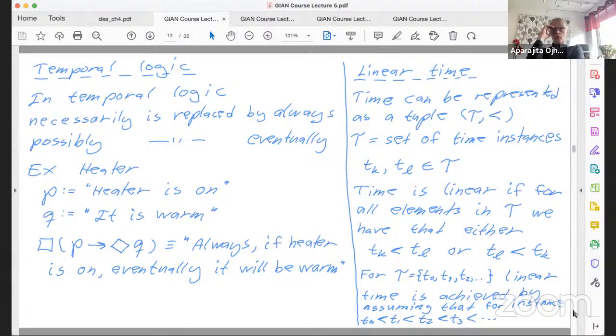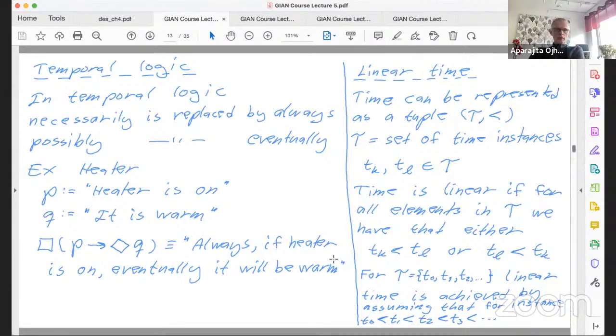So that was modal logic, and temporal logic is just an application of this modal logic that was introduced a long time ago, I think it was like 40 years ago or something. It was specifically a professor from Israel, Pnueli, who introduced this temporal logic into computer science.